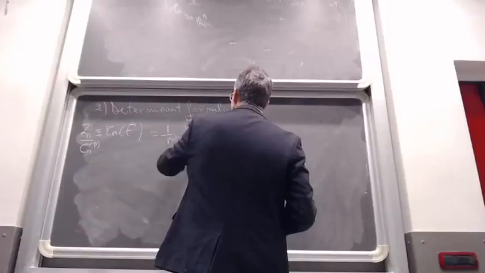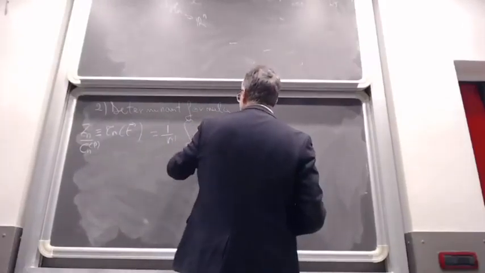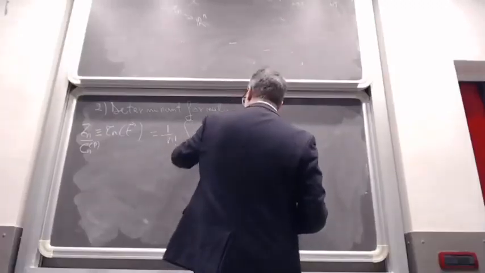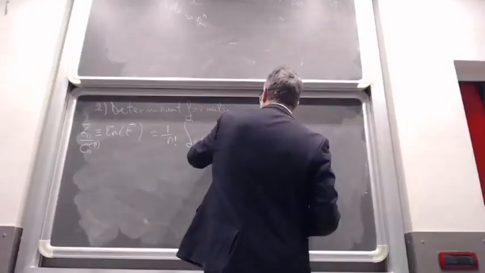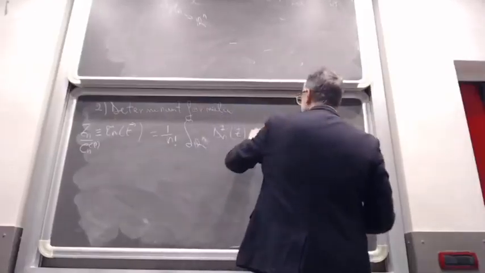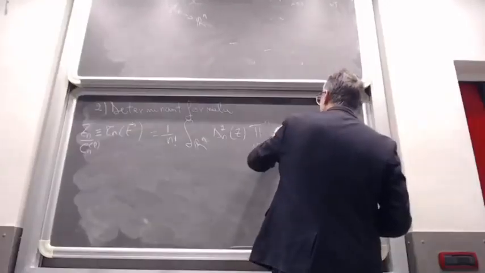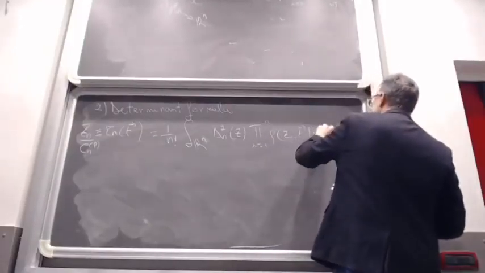So the object of interest will be therefore the integral over R^N, 1 over N factorial. Okay, this stays. Delta_N squared of z times the product where i runs from 1 to N of rho(z_i, t) dz_i.